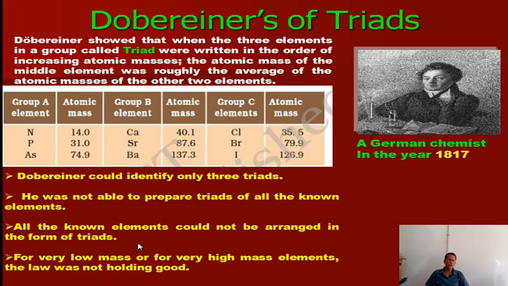It has been observed that in the triads the elements which have low atomic mass are arranged together, but it differs for high atomic mass. High atomic mass elements were not fitted in the triads. So this is one important drawback of Döbereiner's triads.